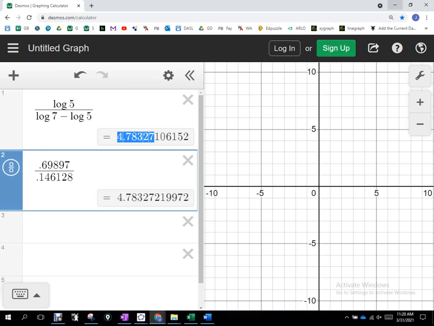Like if I got to an ACT or some type of college entrance exam that's multiple choice, and they have my answers like option A is log of 5 over log 7 minus log 5, and I have to find the answer that way. What I would do is I would find the answer using approximated values, and then I would go to A, B, C, and D on the test and type those into my calculator and get those values.